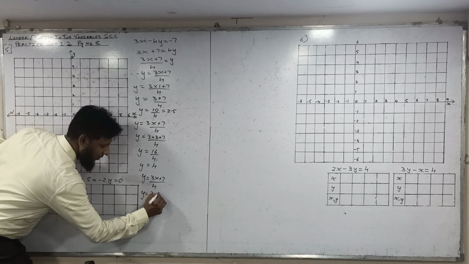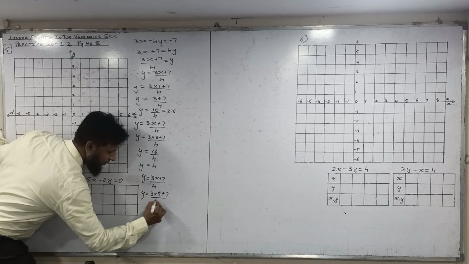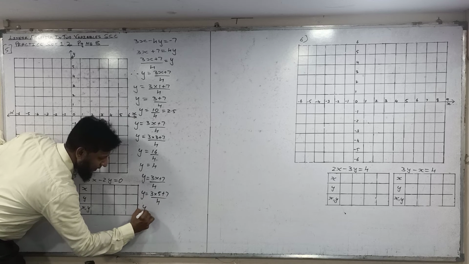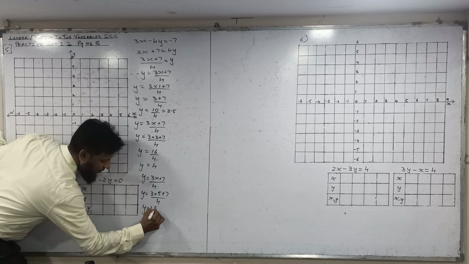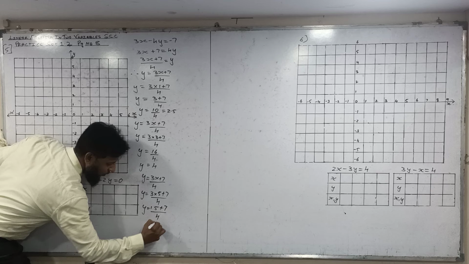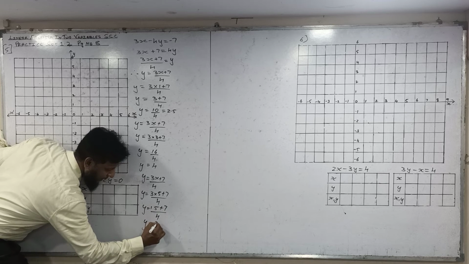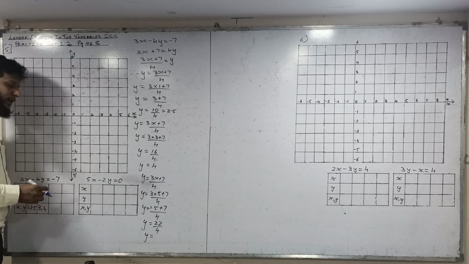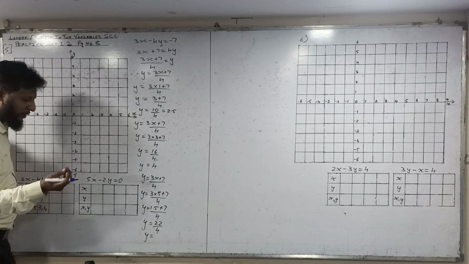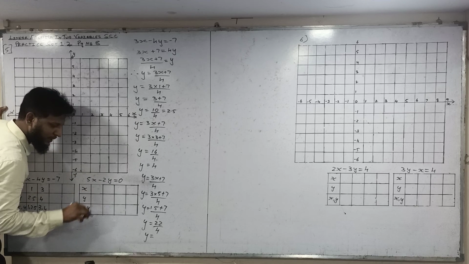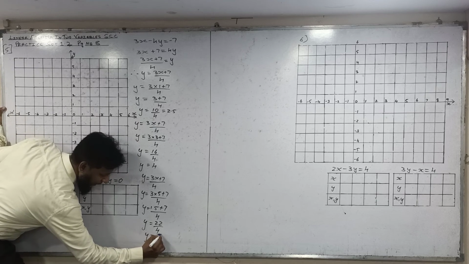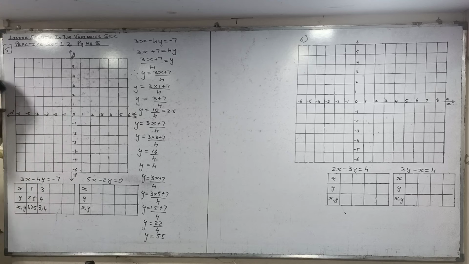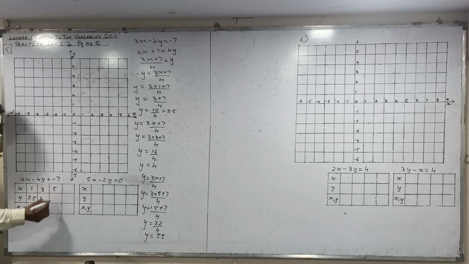Take 5: 3 5s are 15 plus 7, so y is equal to 22 upon 4. Because 22 can be divided by 4 into one decimal, 4 5s are 20, then 5.5, you will get the point 5.5. So when I have taken x value 5, I will get the y value 5.5.